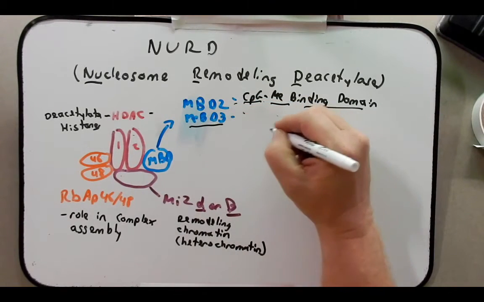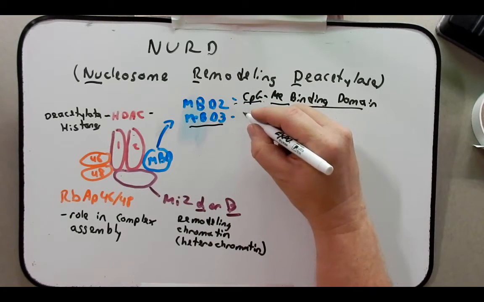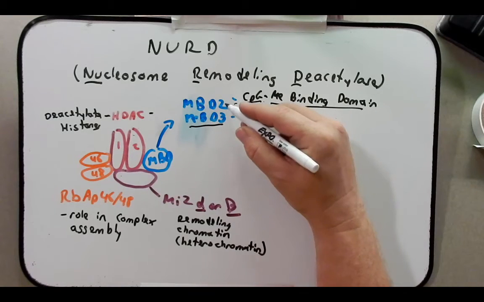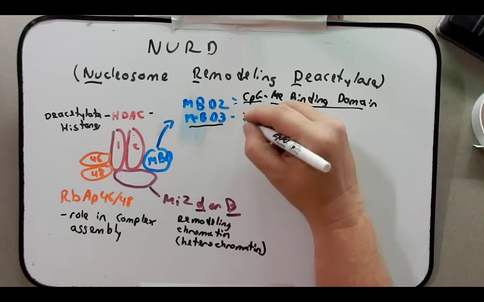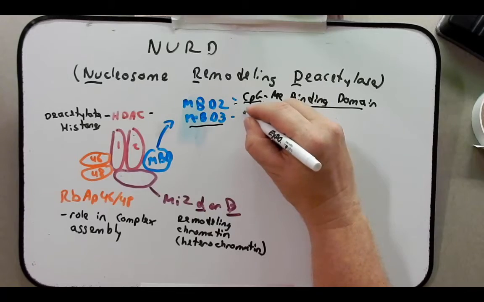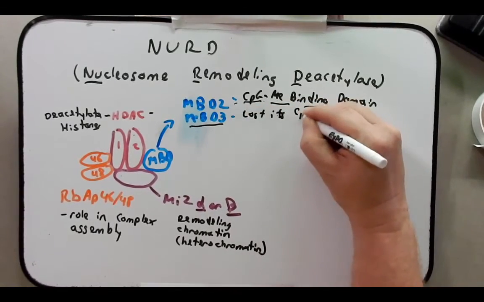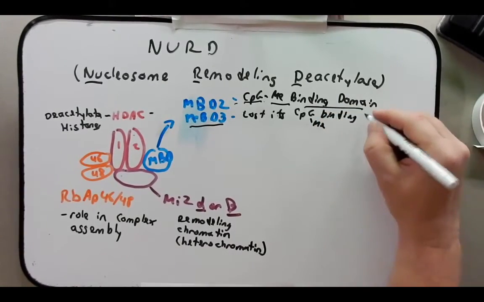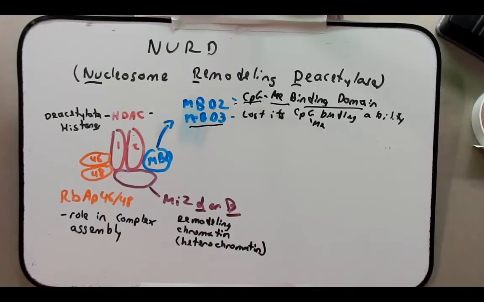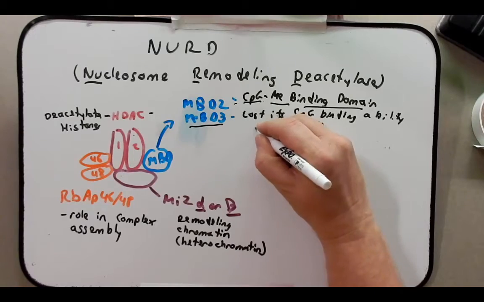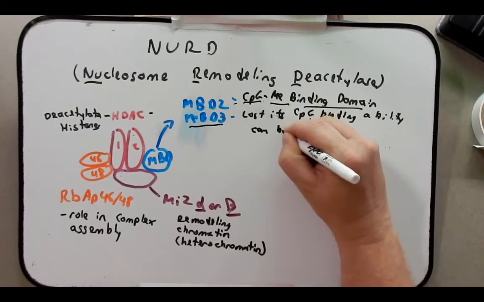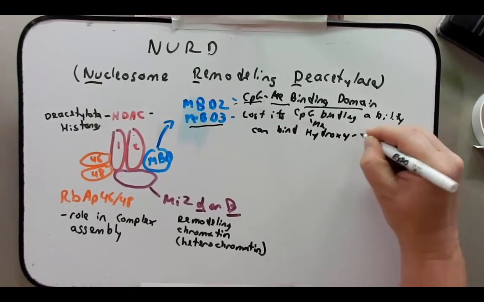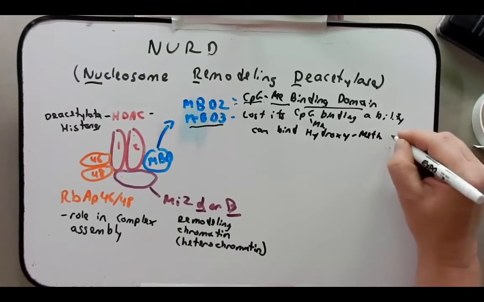Interestingly, this MBD3 has much of the same sequence similarity as MBD2 here, but it's lost its ability to bind the methylated form of CpG. But it can bind hydroxymethylated DNA.